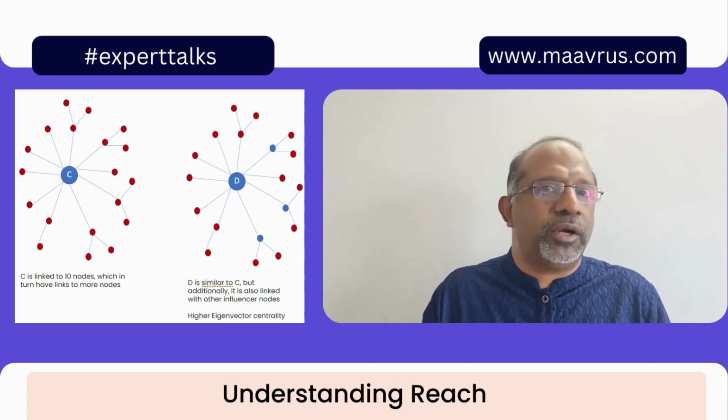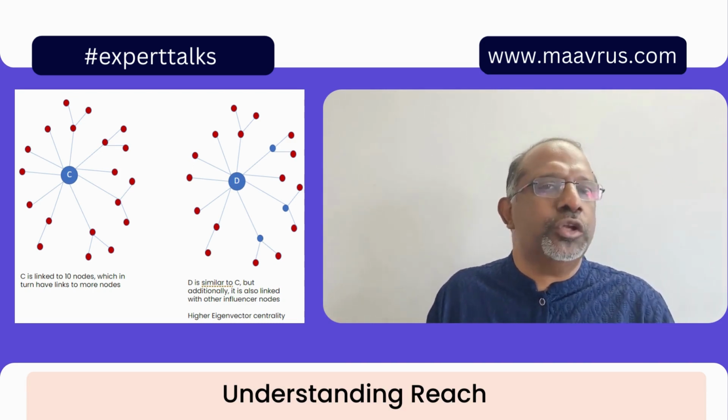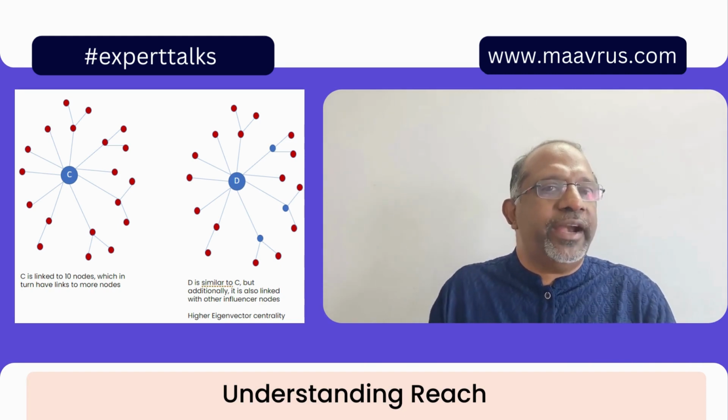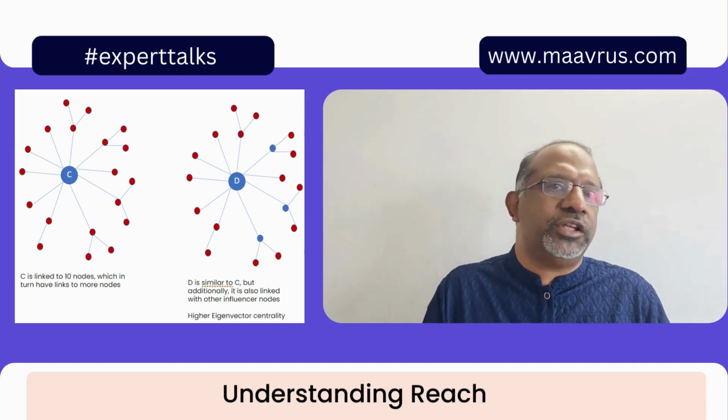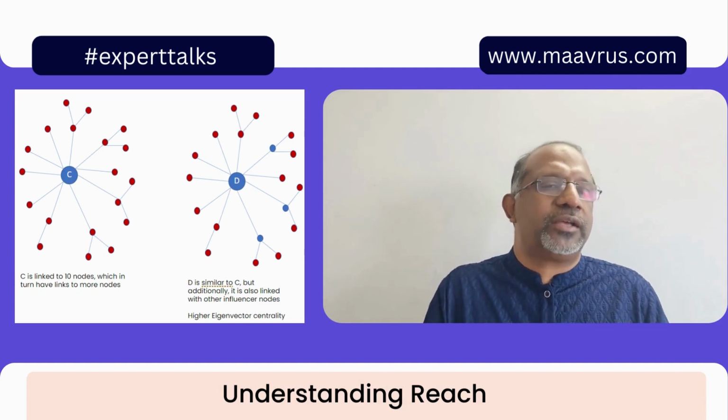Now, you don't need to worry about it. There are tools like NodeXL and Unisec which you can use to identify the eigenvector score of various influencers, and obviously the one who has got a higher score has got a higher reach.